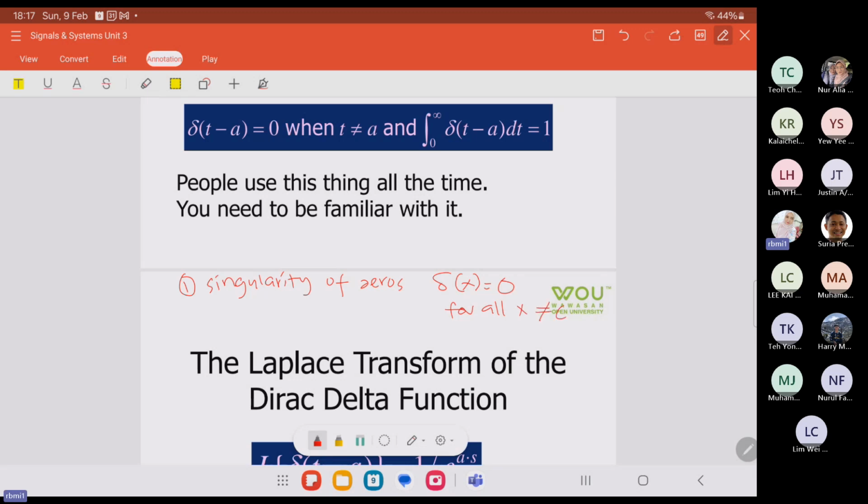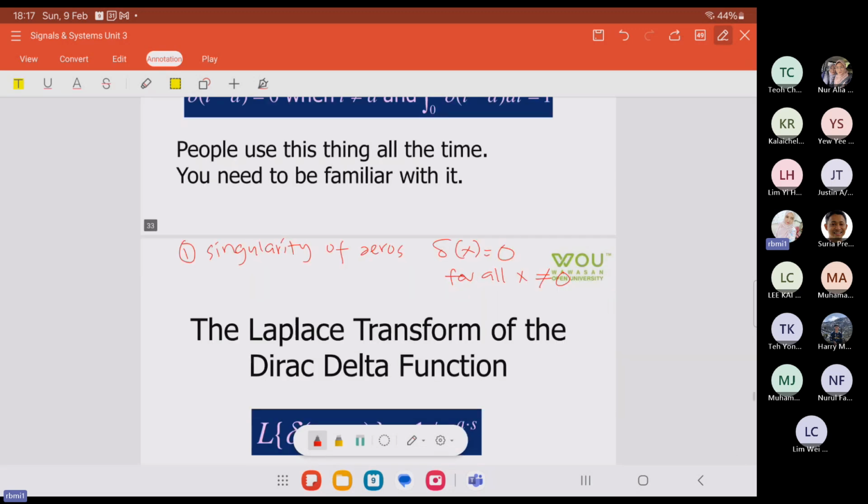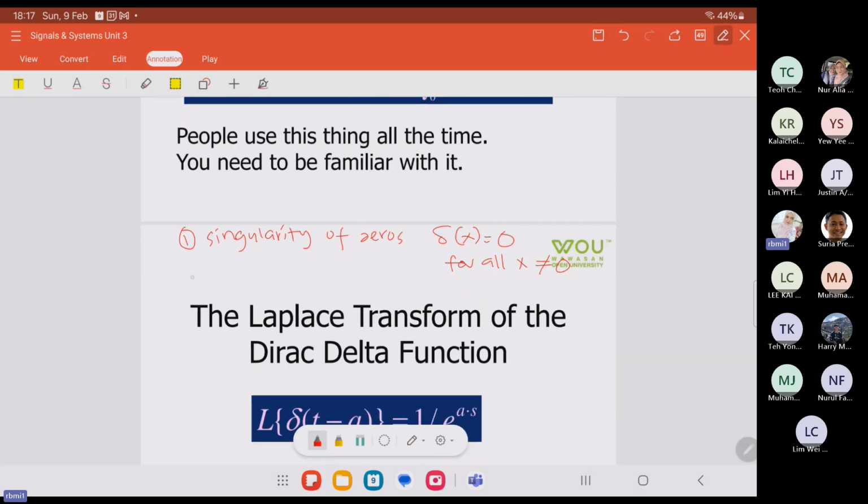So this one we call the singularity of zero. And then we also have the shifting property. Second is shifting.